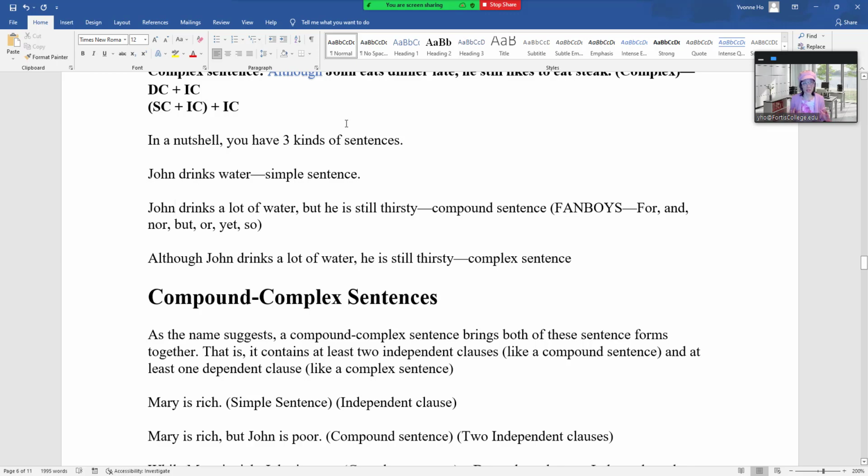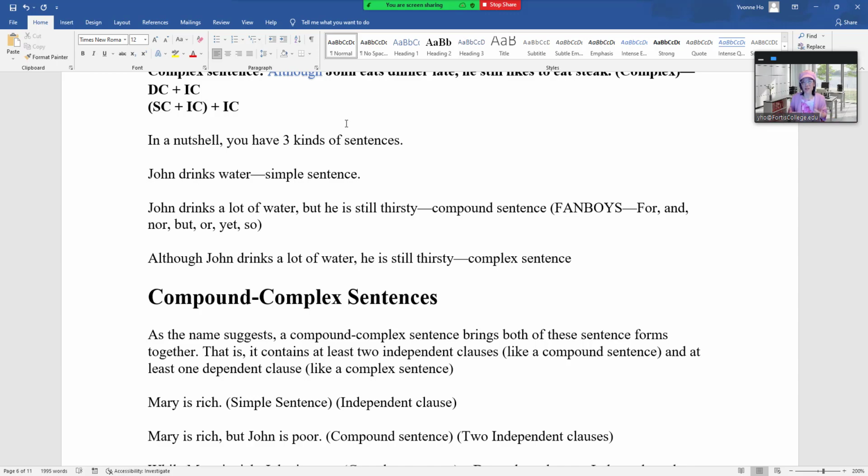And also in English, the longest sentence you can have is a compound complex sentence. Now in other languages like French or Spanish, you can have sentences like John, who is French, who eats a lot of steak, who does this, who, which. Hey, that sounds good in Spanish.